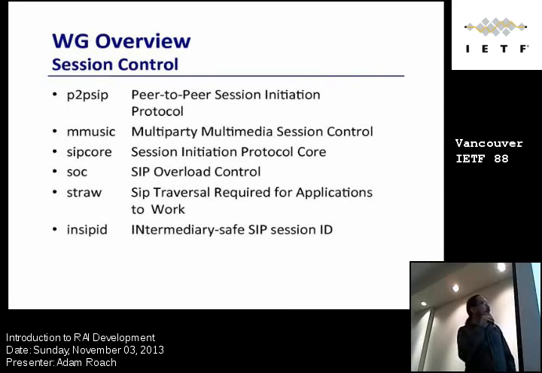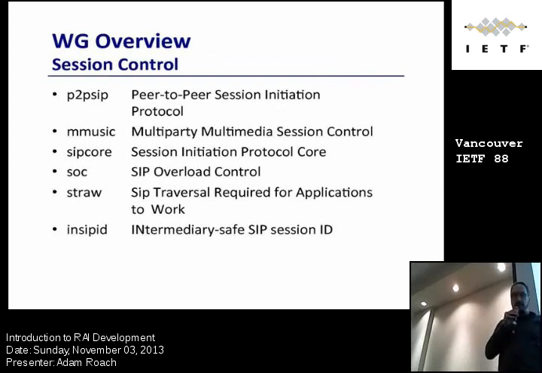We have a working group that's been doing some SIP overload control work, where they're exchanging information among nodes that allows the network to react to overload situations, so that you can get better throughput of good traffic and reduce the chances of things failing completely.